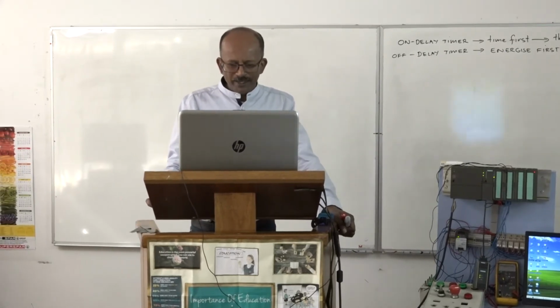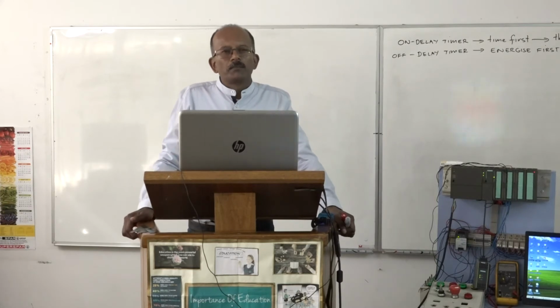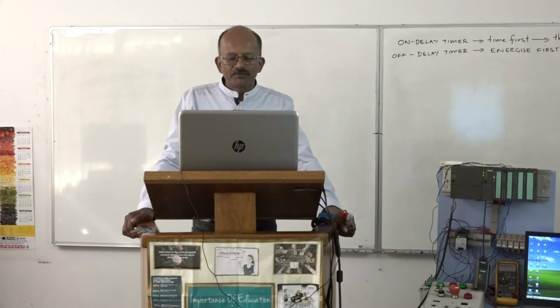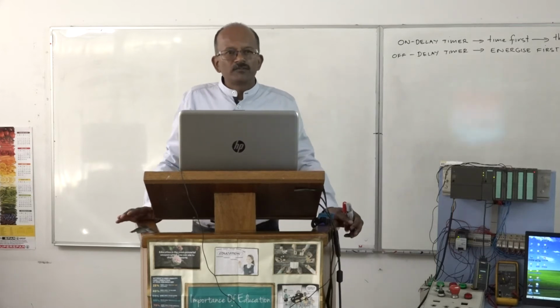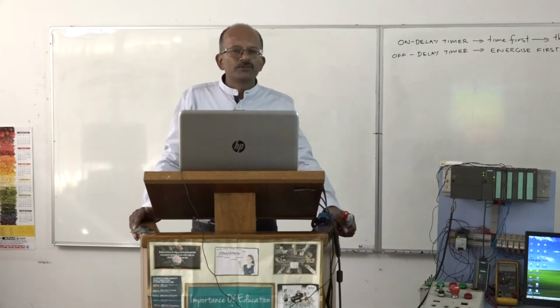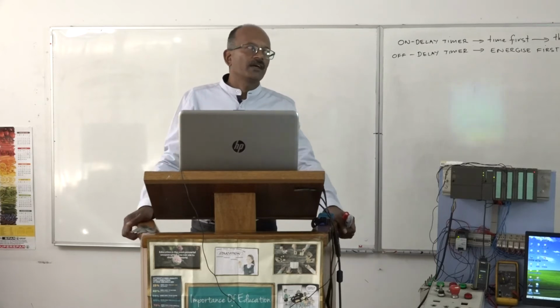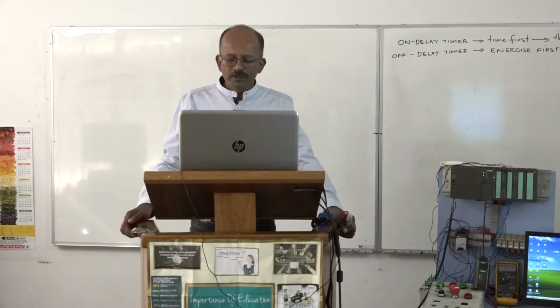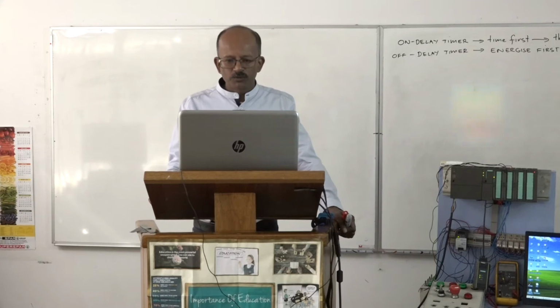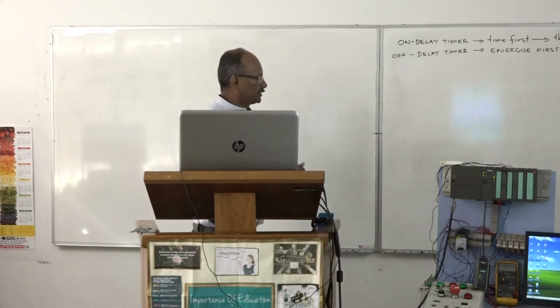Now, before I actually look at some programming or ladder diagrams itself, I want to get rid of a misconception that most people studying PLC have. When we represent an output, or we refer to this as an output coil, all right?